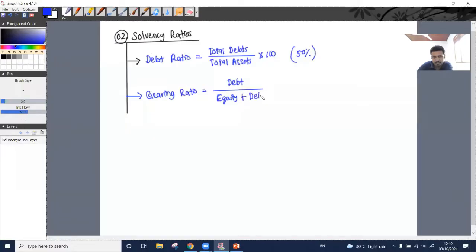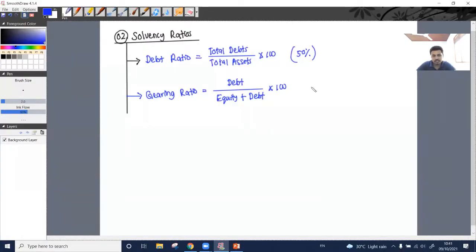Equity means the equity capital we introduce to the business. Debt means the debt capital we introduce to the business. So this is the total capital we have employed. Out of the total capital we have employed, what proportion do debts represent? ආපි company එකේ invest කරපු amount වලින් කොච්චර percentage එකක් debt වලින් represent වෙනවද කියන එක. Gearing ratio.